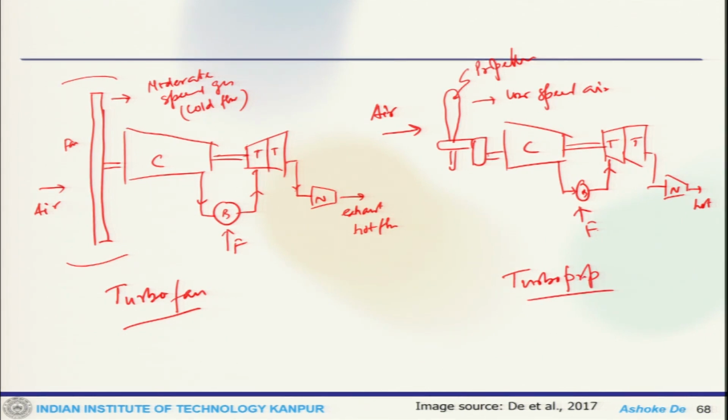Now, we have already seen some images of turbofan engines in the introduction lecture. Typically, that is used in your aircraft engine. Now, there is also a trend of pressure ratio.